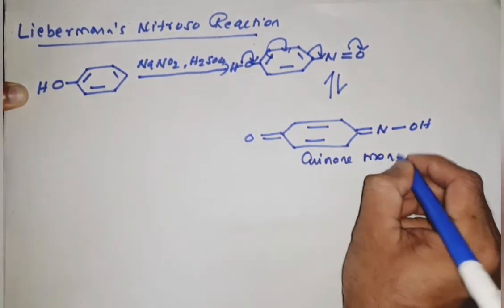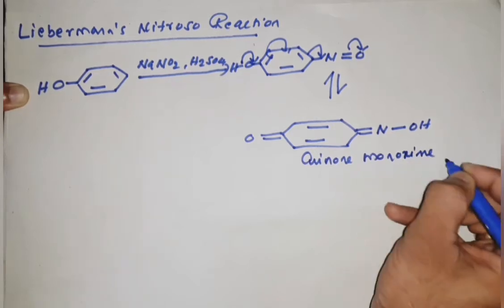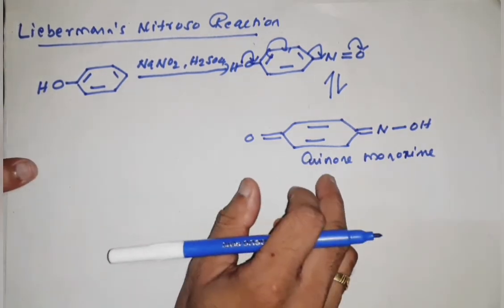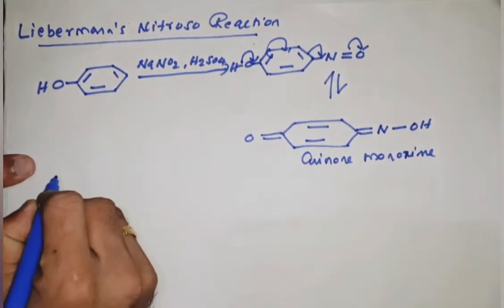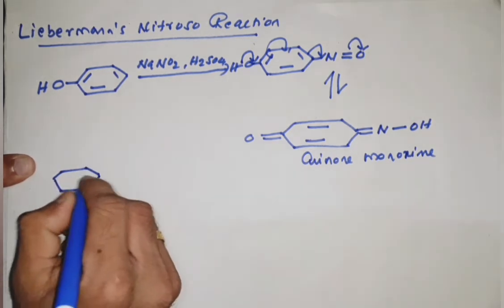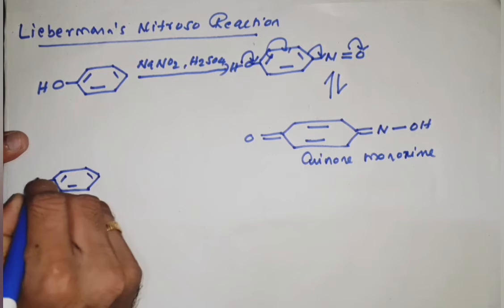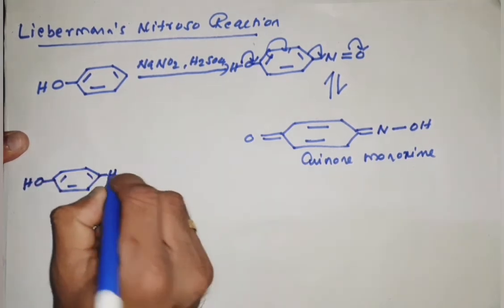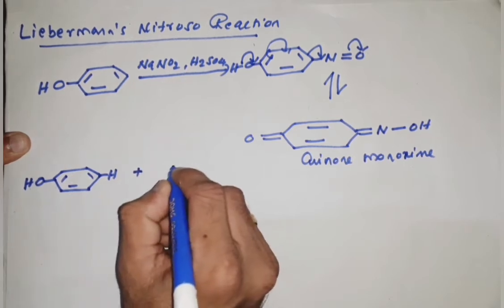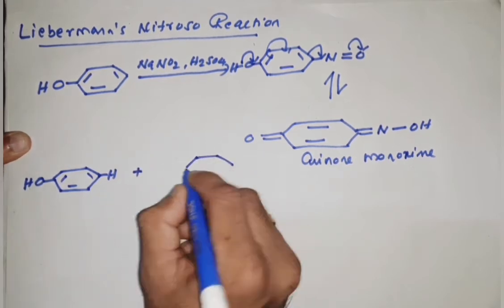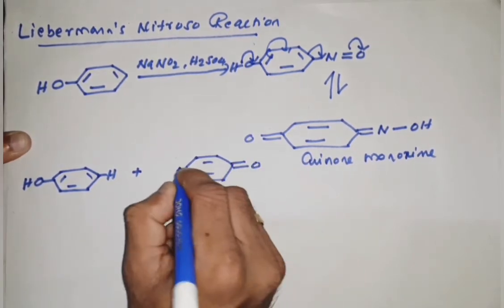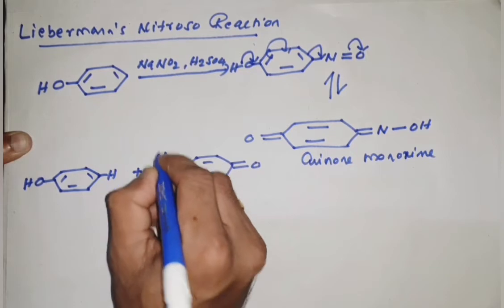Quinone monoxide. This quinone monoxide condenses with another molecule of phenol. Next, this O double bond, N-OH.